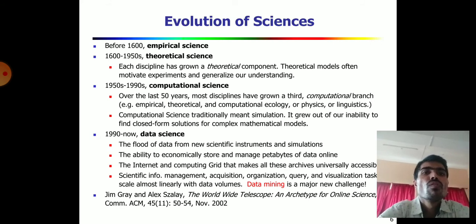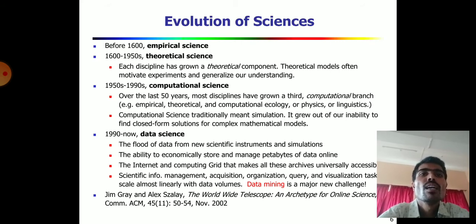Now the evolution of sciences. Before the 1600s, empirical science is there. Between 1600 and 1950s, theoretical science is there. Each discipline has grown a theoretical component, and theoretical models often motivate experiments and generalize our understanding. Between 1950 and 1990, computational science is there.